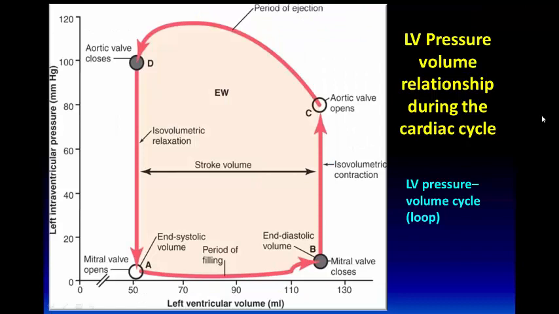Here we have the left ventricular pressure volume loop. This is a loop which shows the relationship between changes in left ventricular volume on the x-axis and changes in the left ventricular pressure in millimeters of mercury on the y-axis.